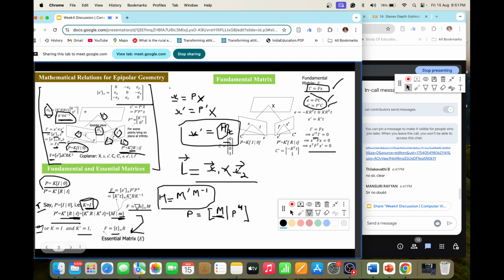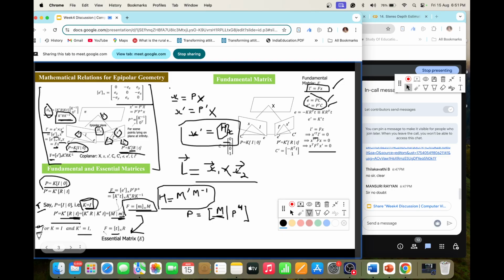But again, this is mx, that means your small m, the last column of your P' matrix, will be converted into a skew symmetric matrix before you do this multiplication. So you have to understand that.